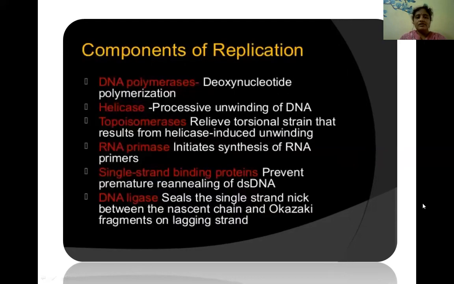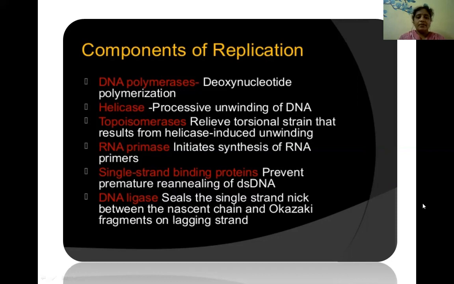Next, components of DNA replication, which are DNA polymerases, deoxynucleotide polymerization. Next, helicase enzyme. This is processive unwinding of DNA. Next, topoisomerases relieve torsional strain that results from helicase-induced unwinding.